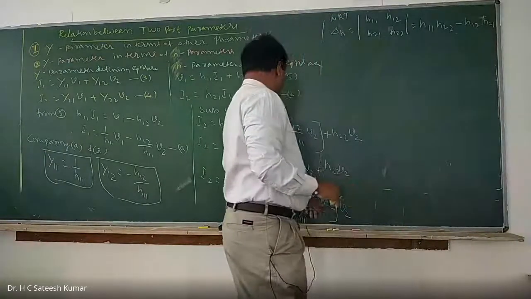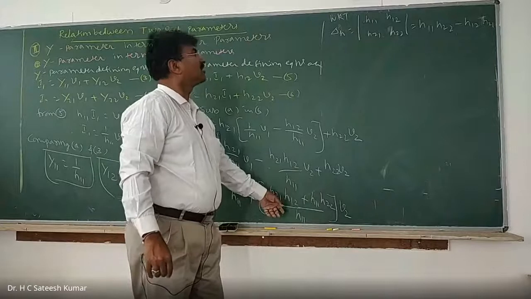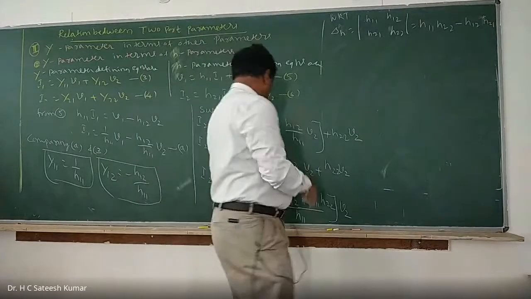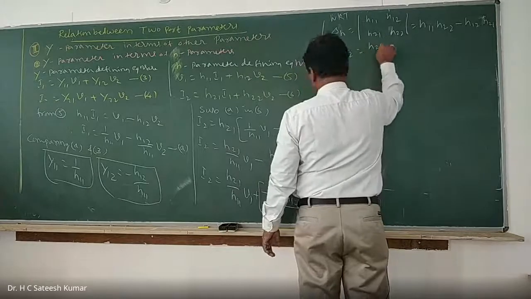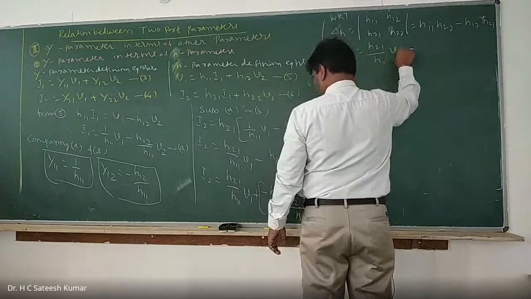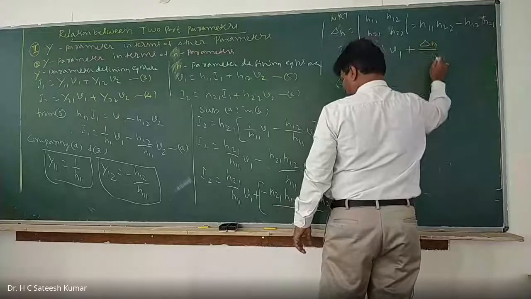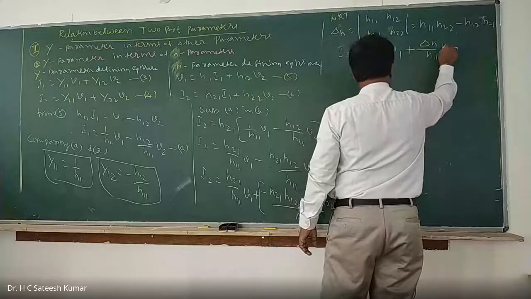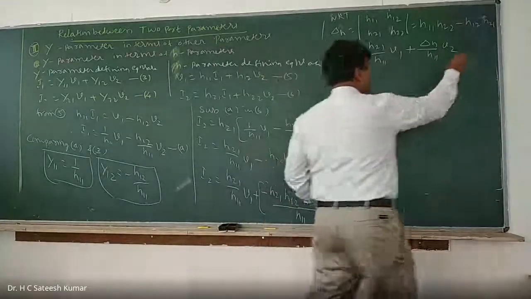H11 into H22 minus H21 into H12 divided by H11. This numerator I can call delta H. So I2 is equal to H21 divided by H11 into V1 plus delta H divided by H11 into V2. Call this equation number B.